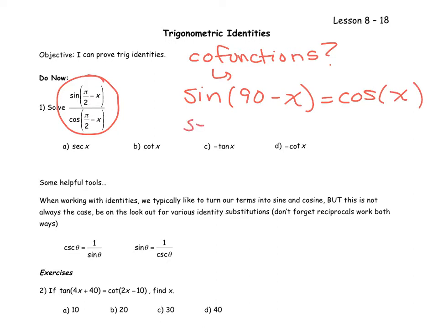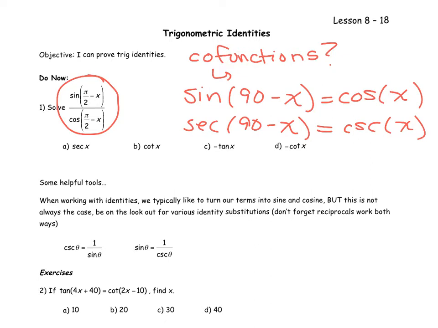If I had the secant of 90 minus x, it was equal to cosecant of x because that was its cofunction. I'm just trying to see if we remember some information like this. I can write them on the side for you if we forgot.